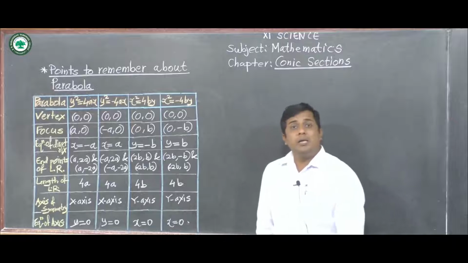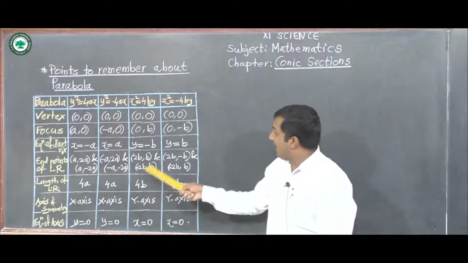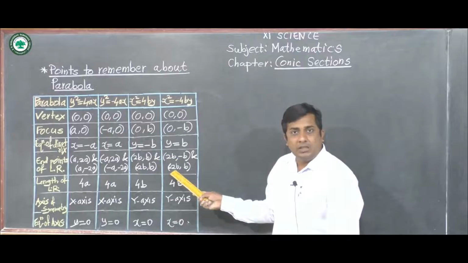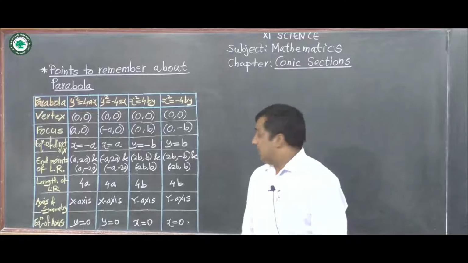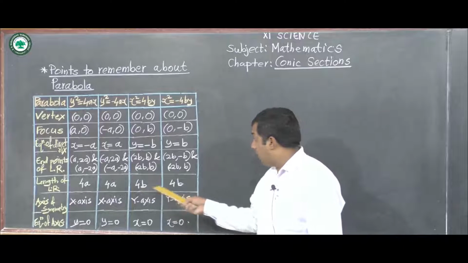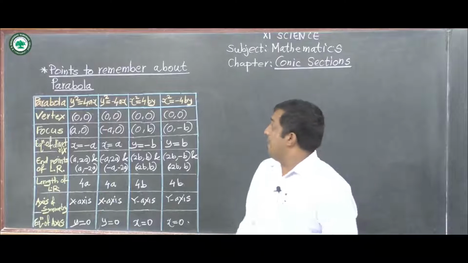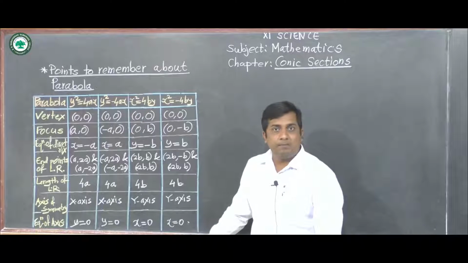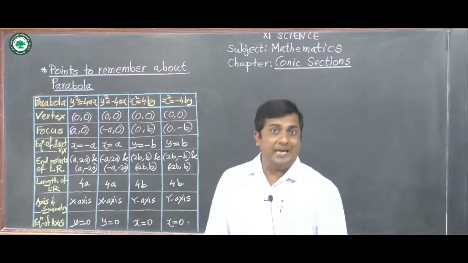Okay, so the length of the latus rectum, since L and L dash are our endpoints, that is the distance between L and L dash, is 4b for both. So remember all these points; we defined all these points in the last lecture already.